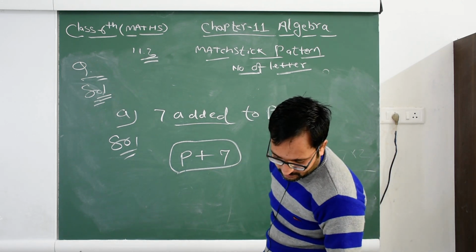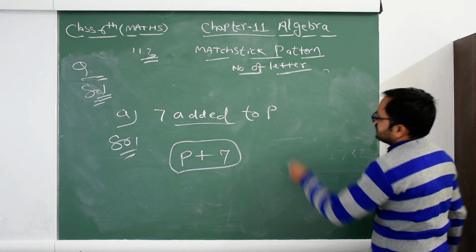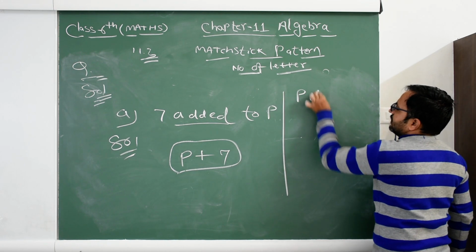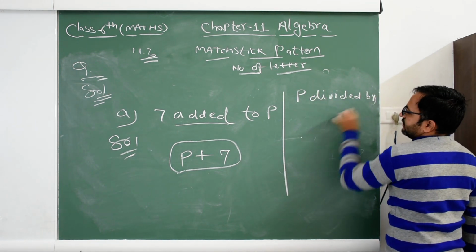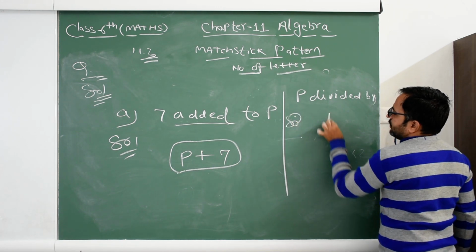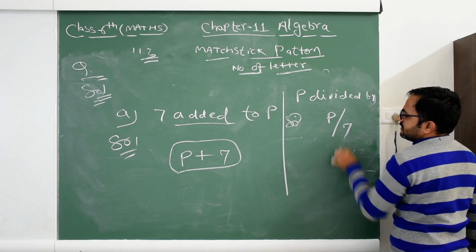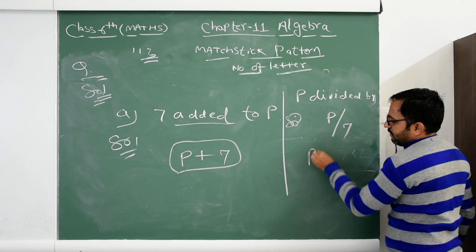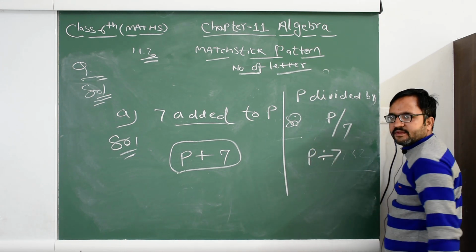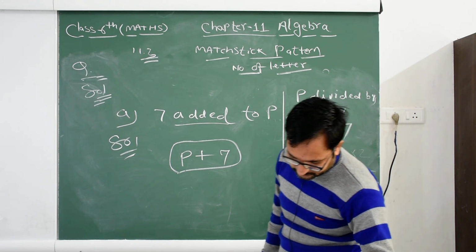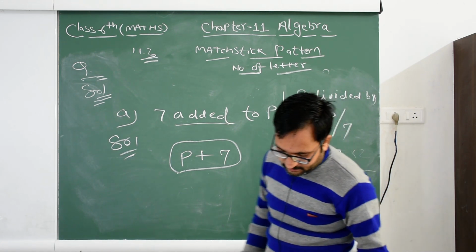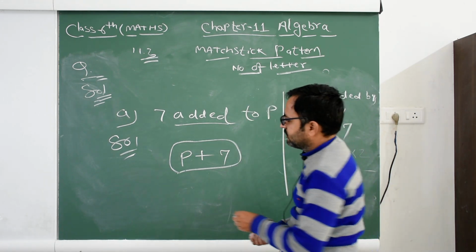Now part D: p divided by 7. So the expression will be p divided by 7. You can also write p divided by 7. So this is your expression. And here, p multiplied by minus 5.